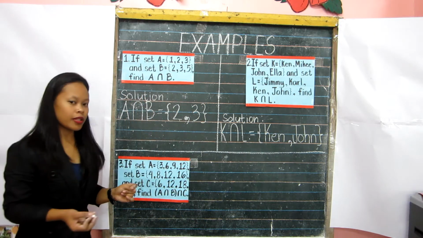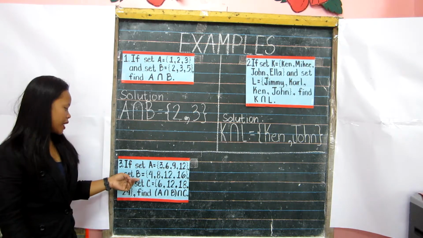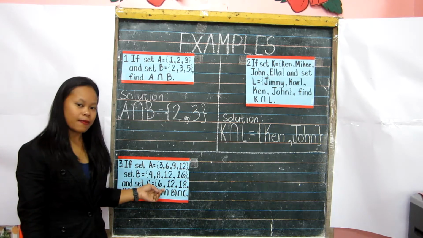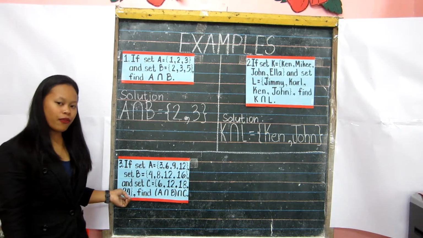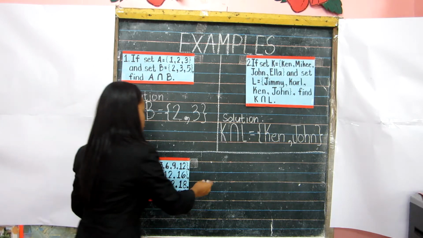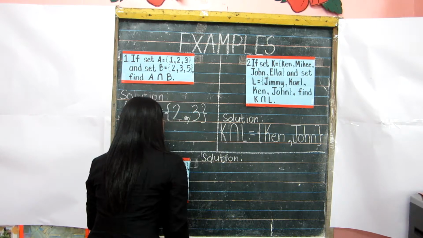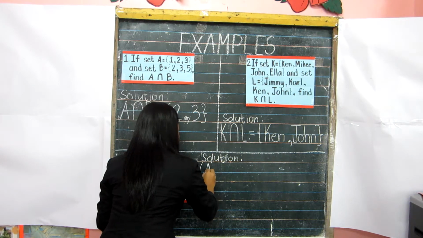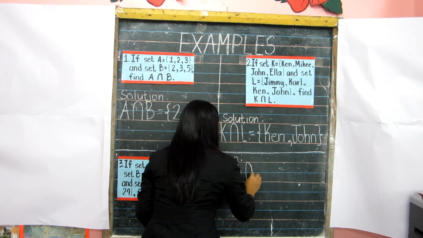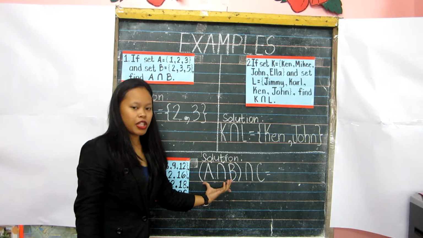For our third example, if set A has the elements 3, 6, 9, and 12, set B has the elements 4, 8, 12, and 16, and set C has the elements 6, 12, 18, and 24, find the quantity A intersection B, intersected with C. For our solution, we need to find the quantity A intersection B, intersection C. First, we need to perform the operation in the parentheses.